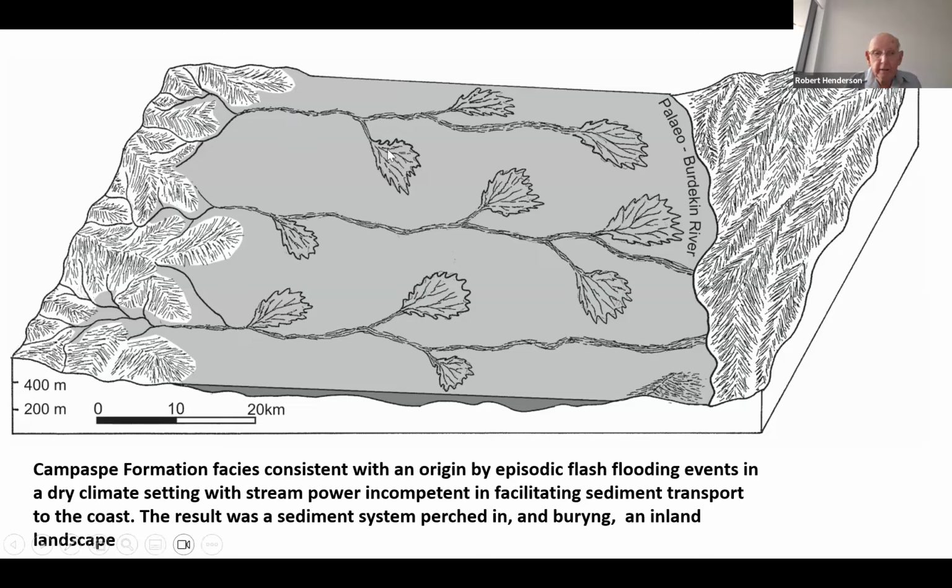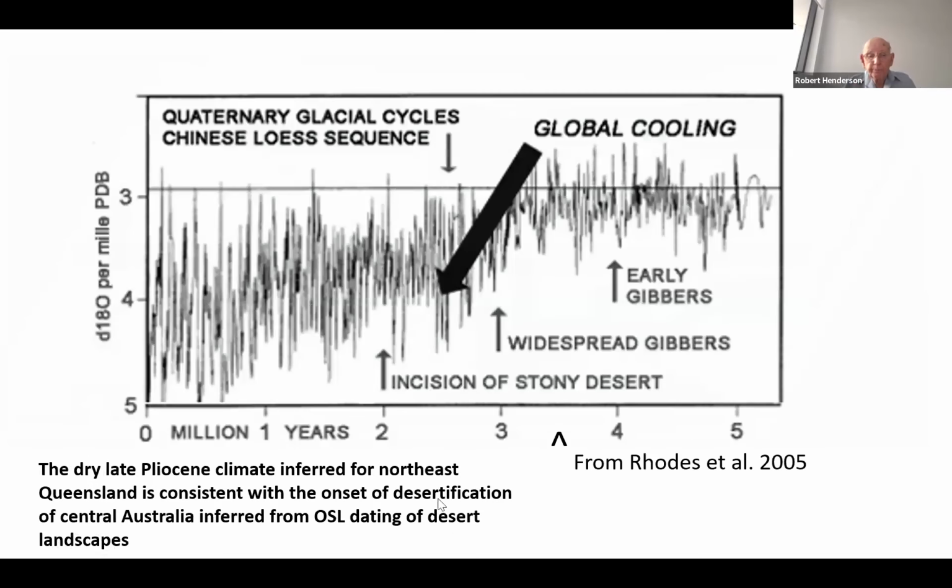It just left it in the landscape. Incompetent stream power that just didn't facilitate sediment transport to the coast, and the sediment got stranded in the landscape. So that's the storyline.